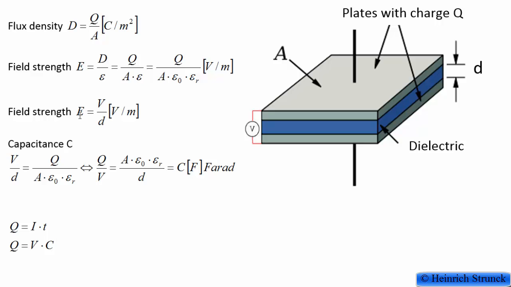These two formulas we add together and say that the voltage divided by the distance must then be equal to the charge divided by the area and the dielectric for vacuum times the relative dielectric. And we can see that the distance, the area, the dielectric for vacuum and the relative dielectric are constant.